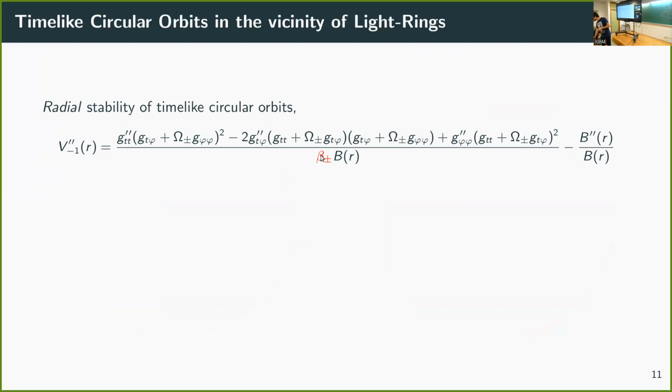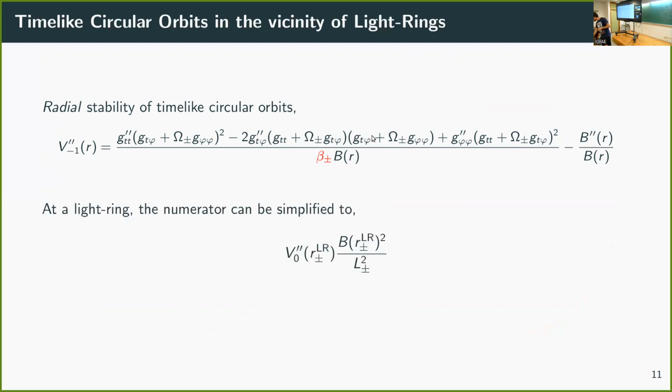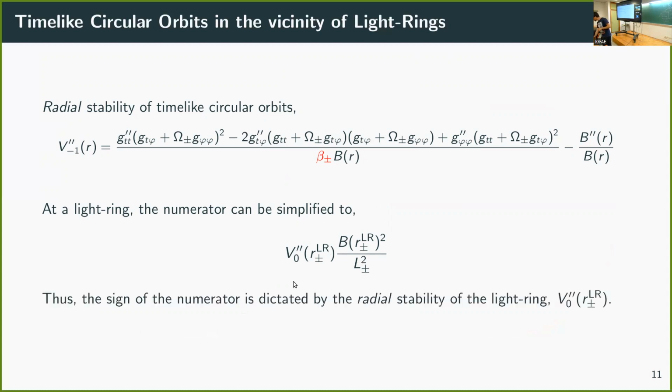So this first term diverges to plus or to minus infinity if the numerator is either positive or negative at the light ring. You can compute the numerator at the light ring, and it simplifies quite a lot to this quantity. As you can see, these two quantities are squared, so they are positive. So the sign only depends on the stability of the light ring.